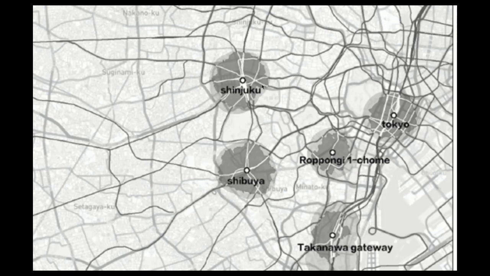However, I think it's clear when we zoom in, for example for Shinjuku station, that it's not a perfect circle. Instead of looking at each station as a point location, they actually did a combined buffer, not surrounding the center of the station, but surrounding all the entrances and exits of the stations.